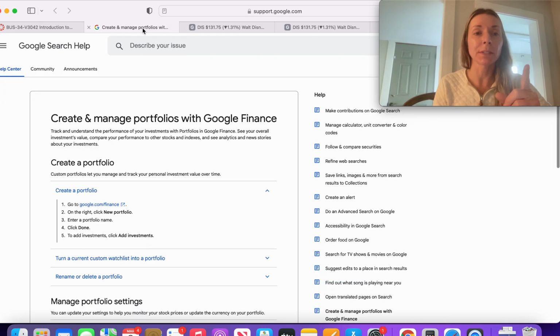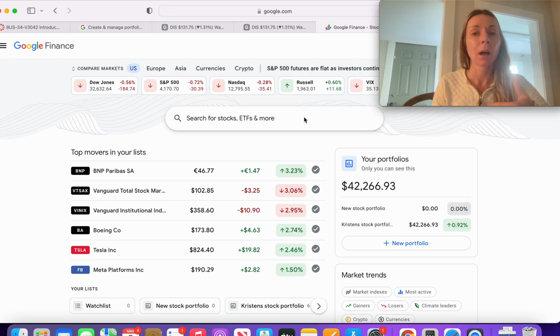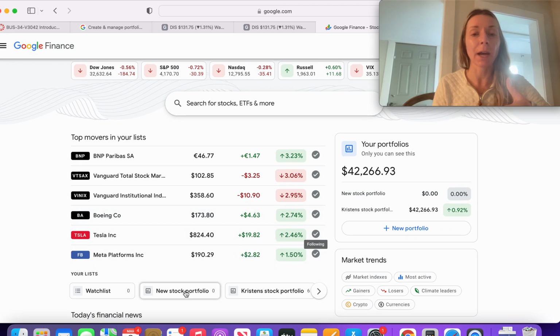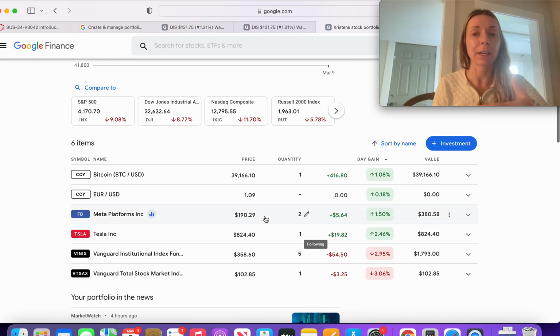Also, if you're interested, in Google you can create portfolios of stocks or currencies or ETFs and indexes and mutual funds. I created one just hypothetically that you can take a look at. So Kristen's stock portfolio, I just created it today, and I just put random things in it.